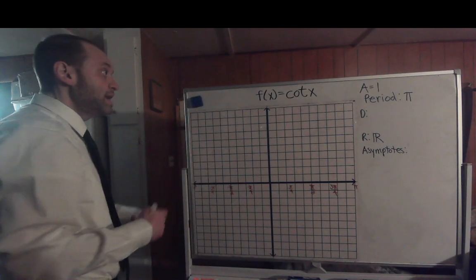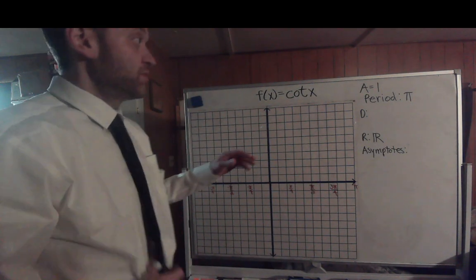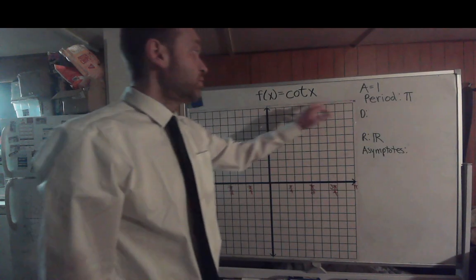Alright, all the critical points are plotted. Now, f of x equals the cotangent of x. Again, you have an amplitude of 1.